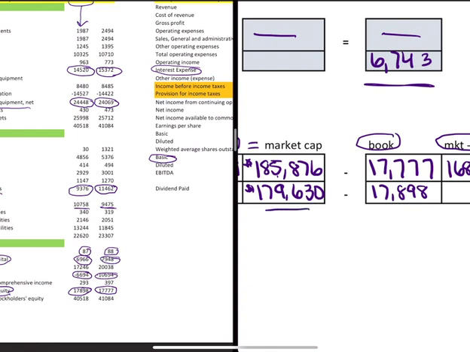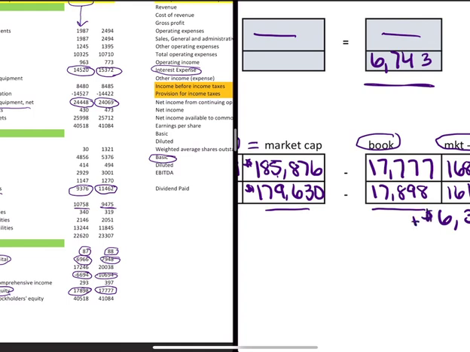We subtract the 179,630 and the 17,898, and we get 161,732. So the difference in 2015 was $168,099. 2014 was 161,732. So it looks like we went up in value. So what we do is we take these two values and we subtract them. And when we do that, we get 6,367. And that's a positive value.